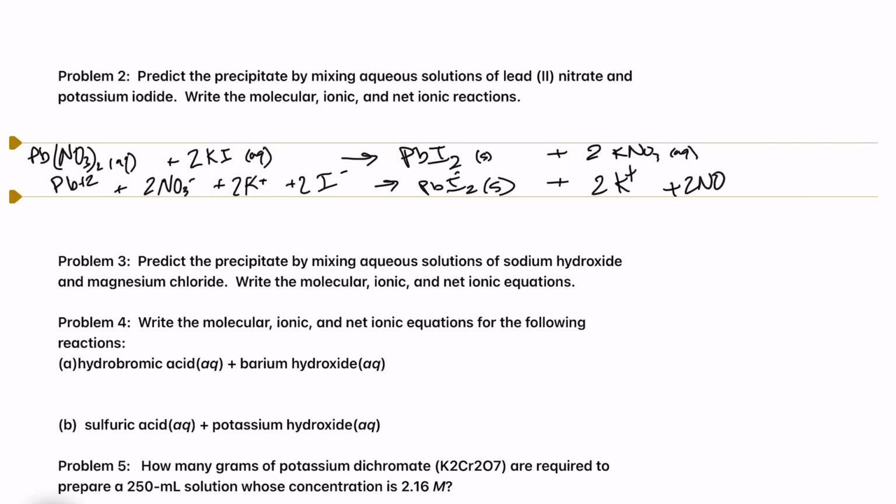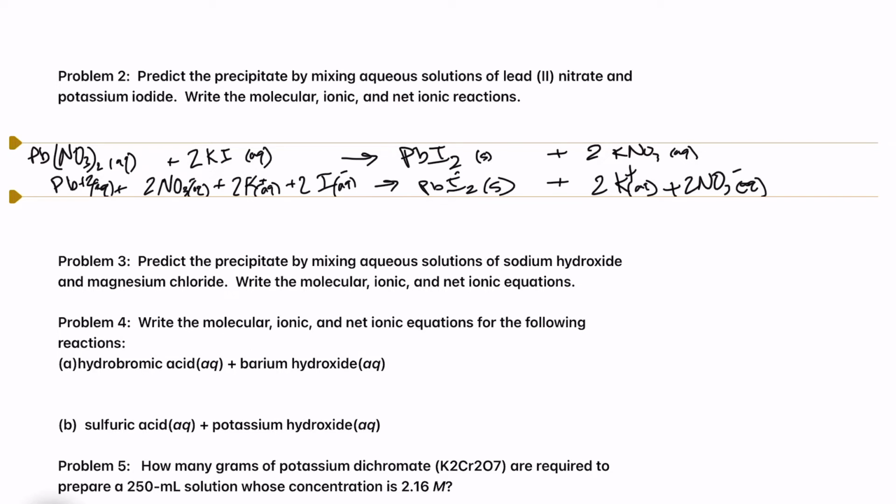And so when it comes to finding our net ionic equation, we're going to look at the reactant side and the product side, and we're going to cross out anything that is present on both the reactant and product side, because those remain floating around in solution.